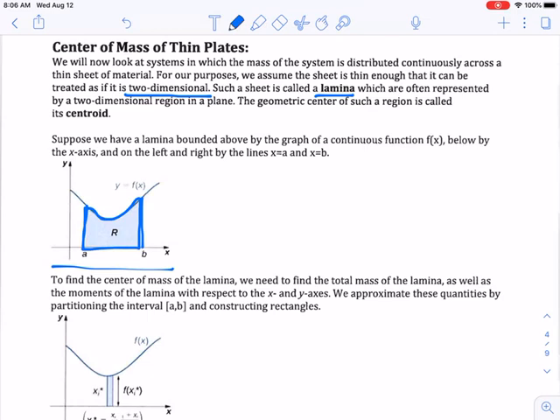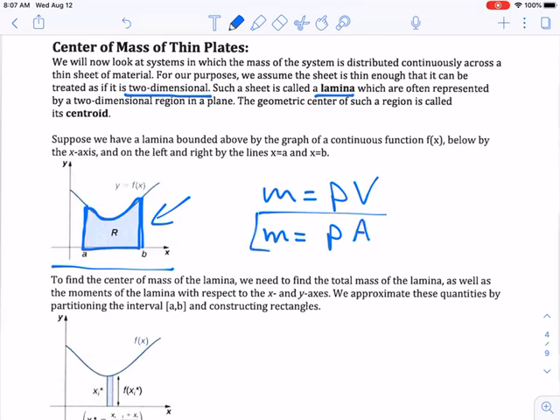And so to do that, we're actually going to get into a little bit of calculus here. So remember that we discussed before that mass is equal to density times volume of something that has volume. Now, something like our lamina, which is only two-dimensional, has no thickness, so the mass is density times area.